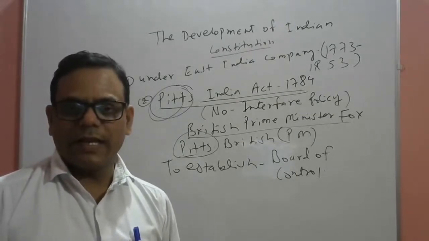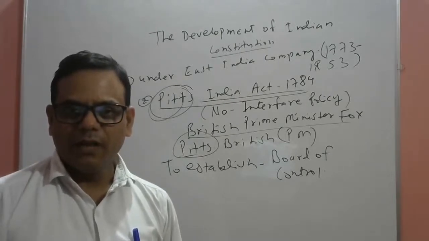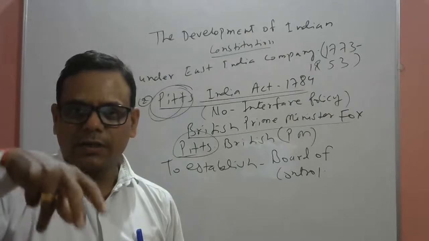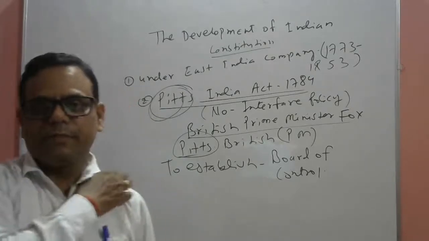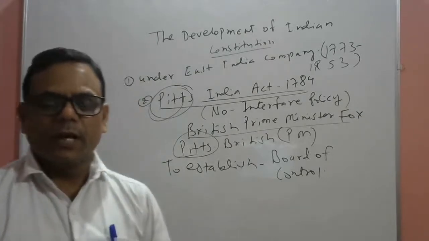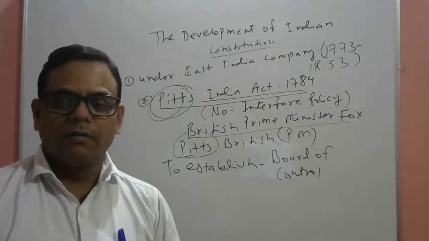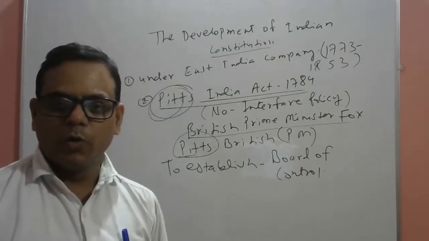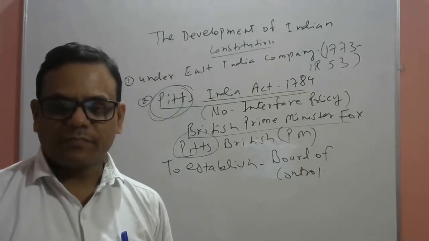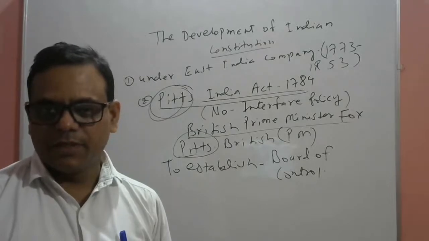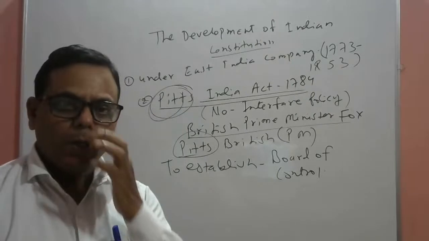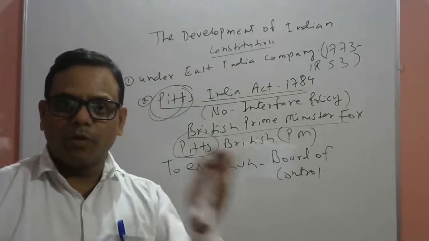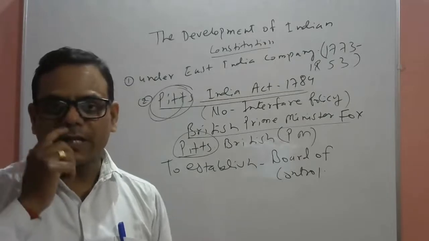Mainly, this act was the first act when British government started control over the trade of East India Company in India, because East India Company had been provided the monopoly of trade in India for 15 years by Queen Victoria in 1600, जब ईस्ट इंडिया कंपनी इस्टेब्लिश हुई थी. उसके बाद ईस्ट इंडिया कंपनी ने इंडिया में अपनी ट्रेड की मोनोपोली इस्टेब्लिश कर ली.